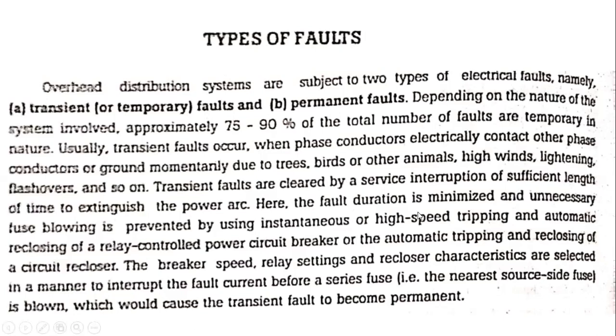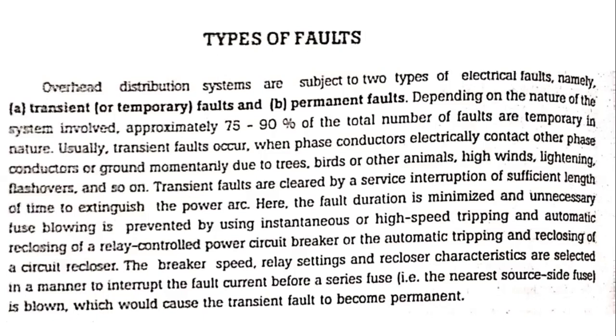Here the fault duration is minimized and unnecessary fuse blowing is prevented by using instantaneous or high speed tripping and automatic reclosing of the relay controlled power circuit breakers.